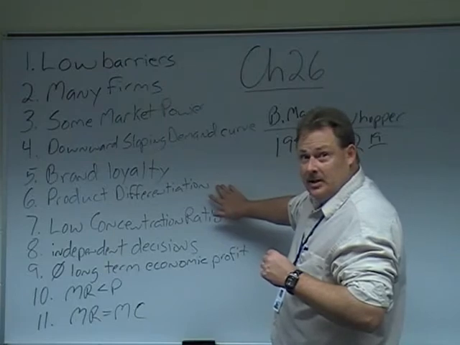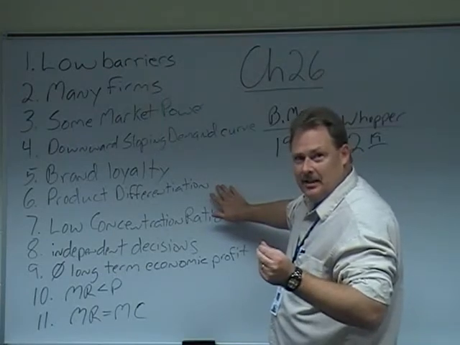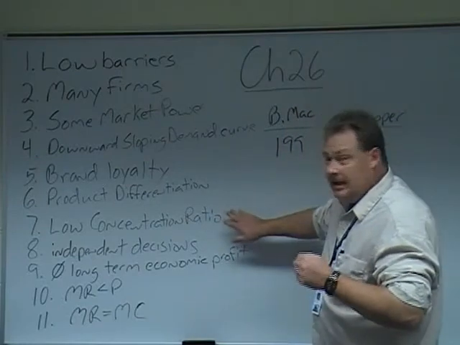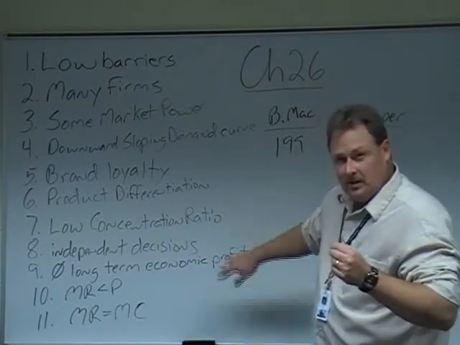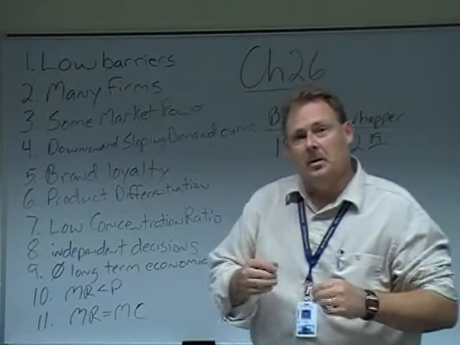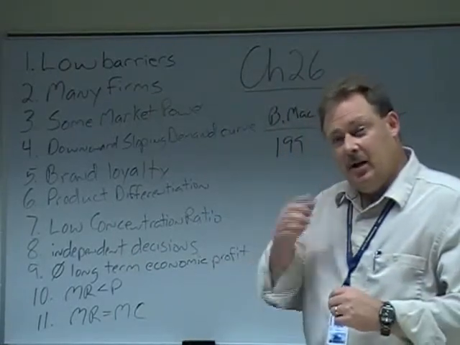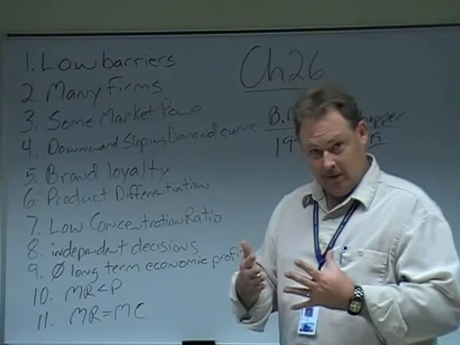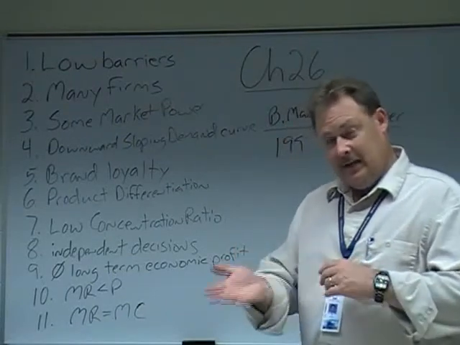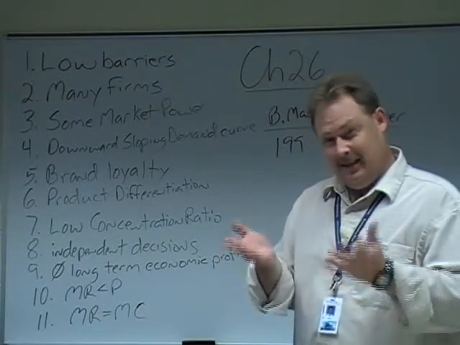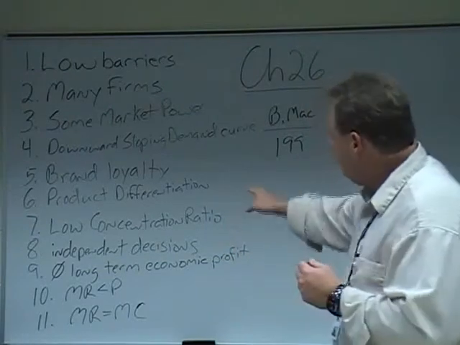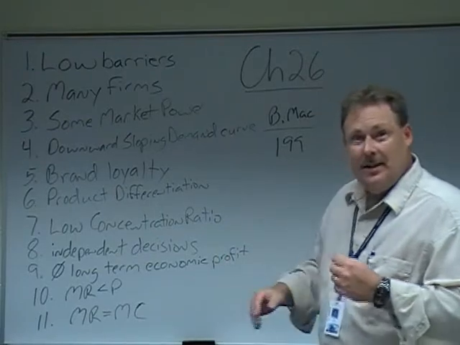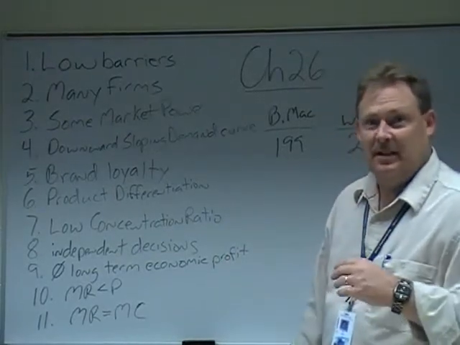Product differentiation, again, you see a lot of advertising here like you did in the oligopolies. Unlike the oligopolies, you have a very low concentration ratio. When we were looking at oligopolies, we talked about a concentration ratio. Remember the output provided by the four largest firms being rather high, somewhere in the 60% range. Here, the concentration ratio typically is 20-25% at the highest.